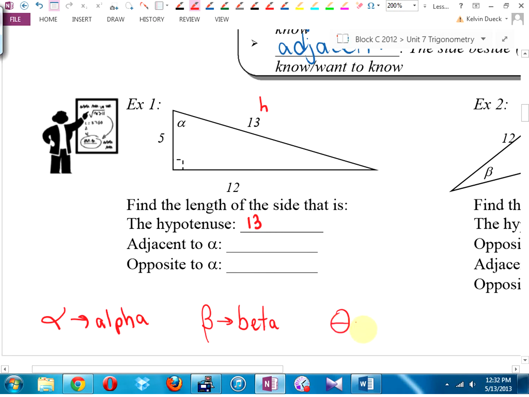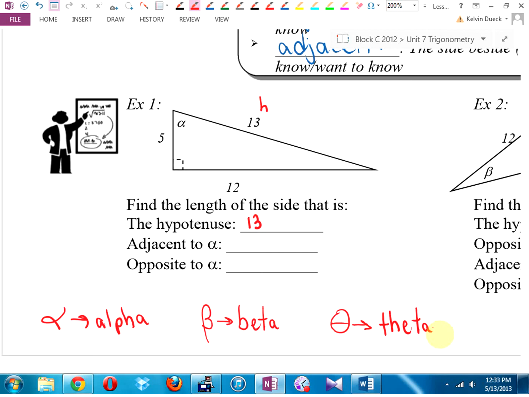Does anybody know what that one is called? This is called the Greek letter theta. We'll use alpha, beta, and theta. It's shorthand. You can use X's and Y's, but the questions, if I'm typing them, I'll use alphas, betas, and thetas because it's shorthand. When I see that, I go, oh, we're doing trig. Even if I don't see a triangle, I know we're doing trig.